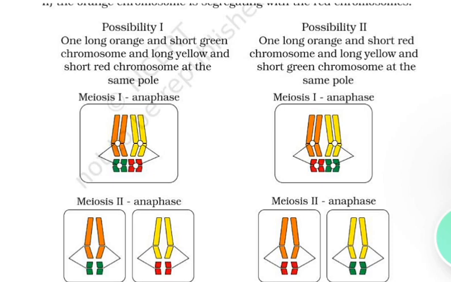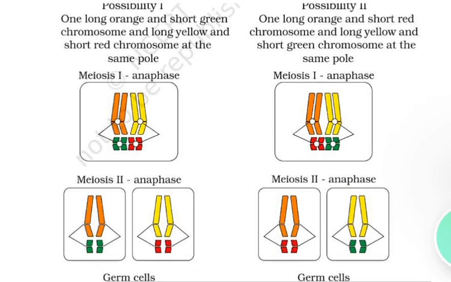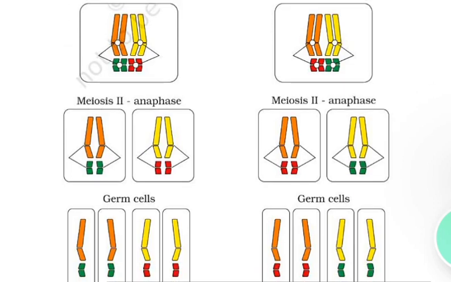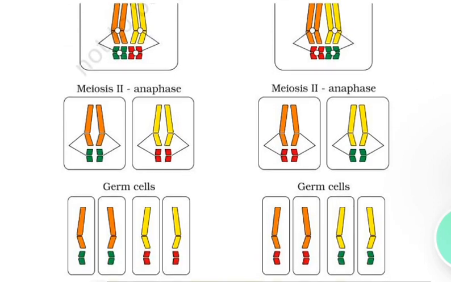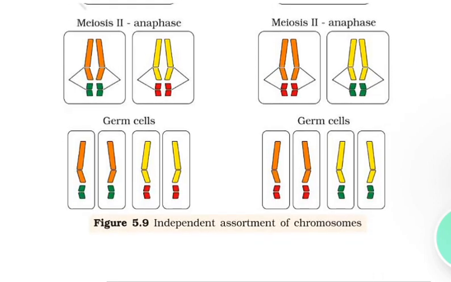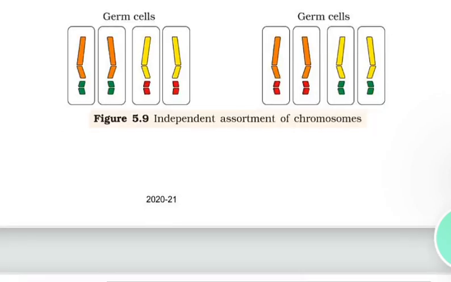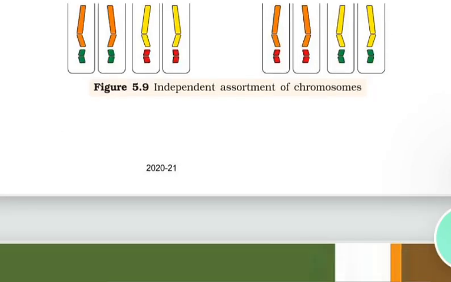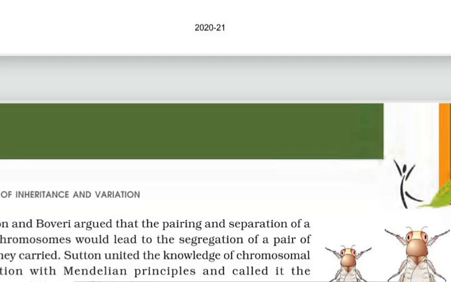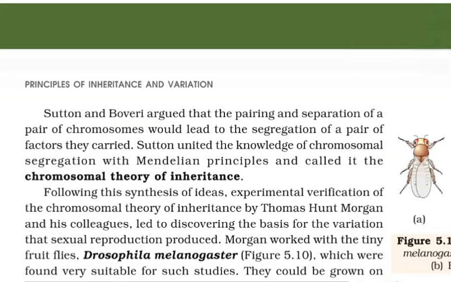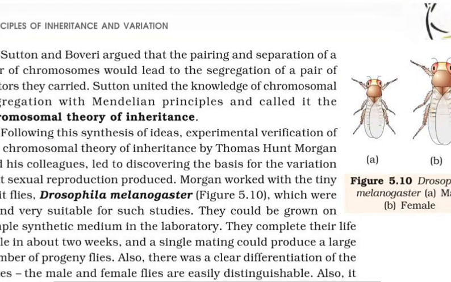The two alleles of a gene pair are located on homologous sites on homologous chromosomes. This is an important line.